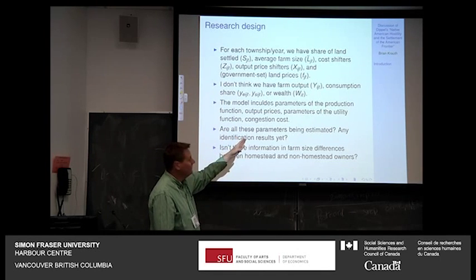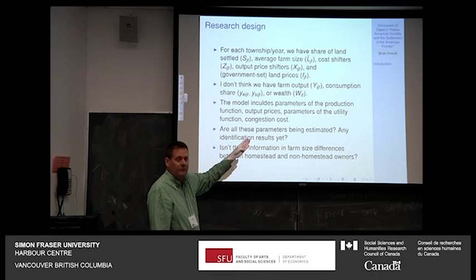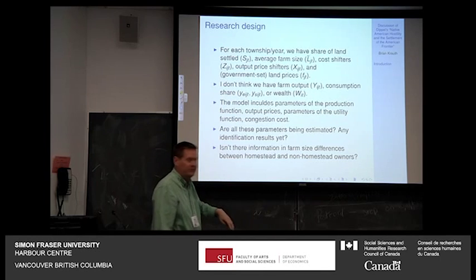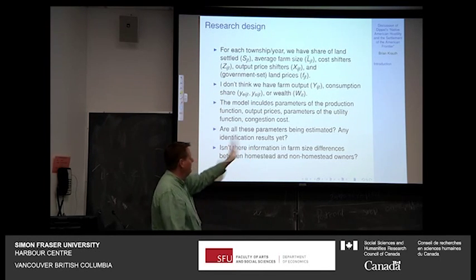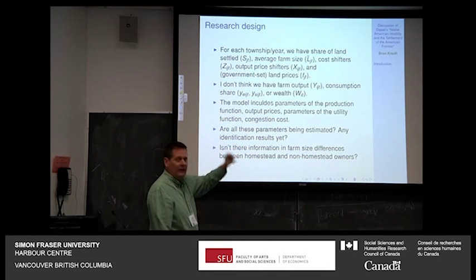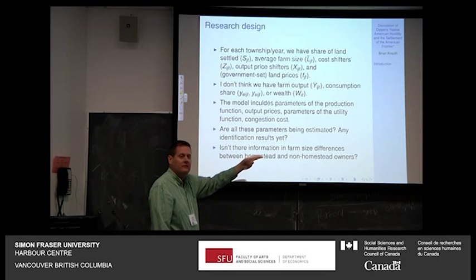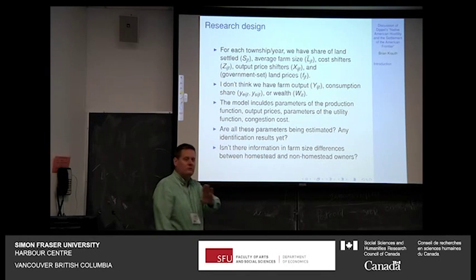We have some price shifters, net price of, all sorts of cost shifters, and then we've got the government land prices, if you're actually just directly purchasing land from the government. It's in the model, but we don't have farm output, we don't have the consumption decision, we don't have wealth, and we don't have output prices. Prices we can have, but anything at the level of i is just the model, not the data.